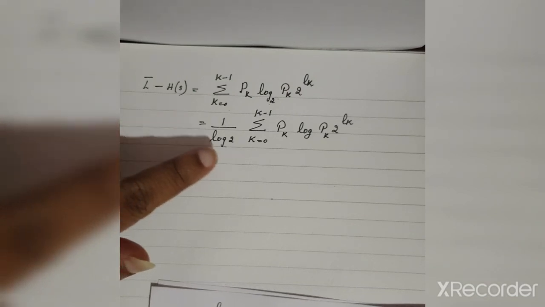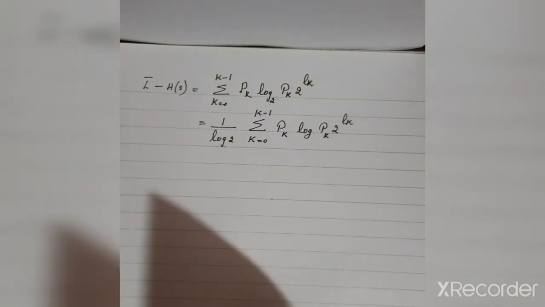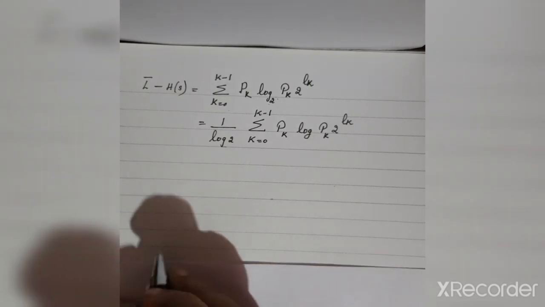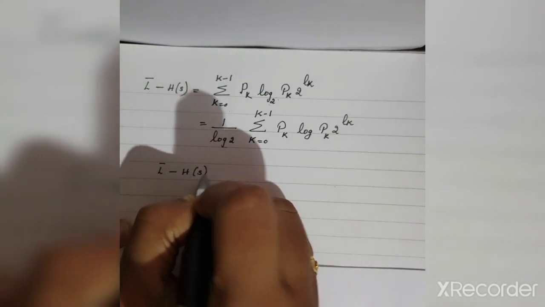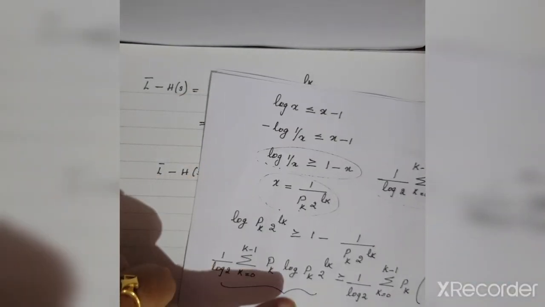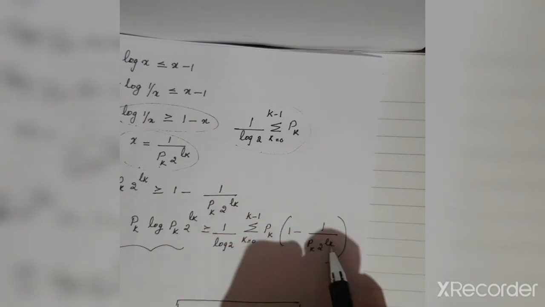This is what we got here, that is L bar minus H of S. So I can write it as L bar minus H of S, which is greater than or equal to. Now what about this? I am going to open the bracket and substitute.